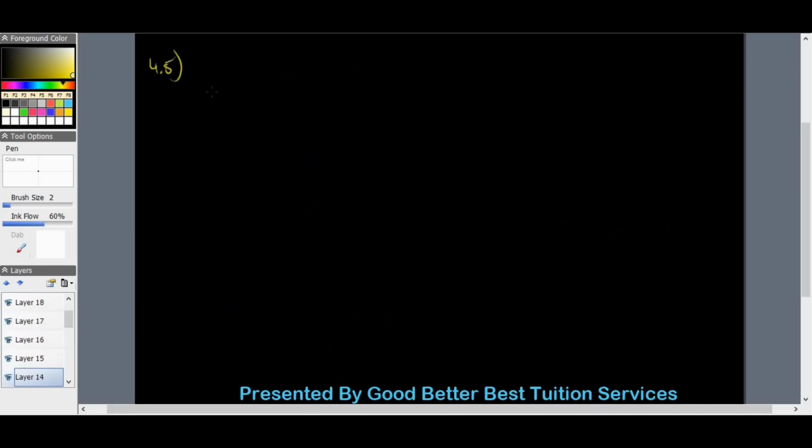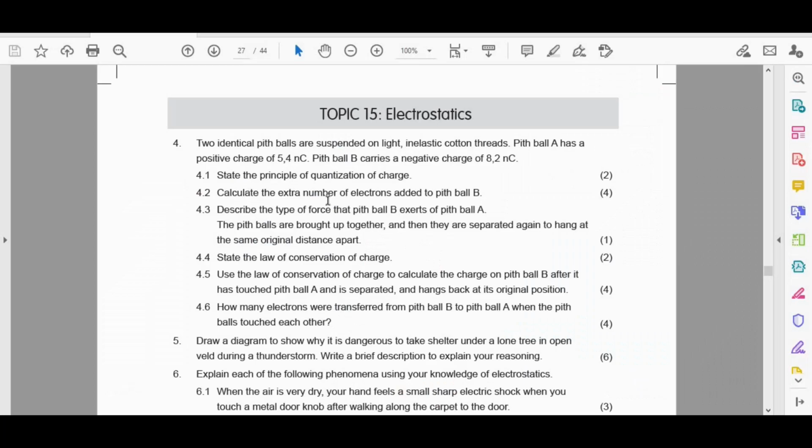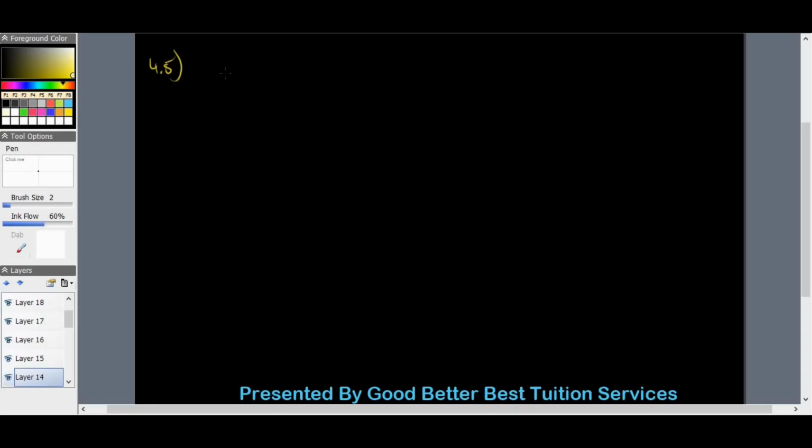For 4.5, they ask us to use the law of conservation of charge to calculate the charge on ball B after it has touched ball A and is separated. So we bring out the formula: Q is equal to Q1 plus Q2, all divided by 2.